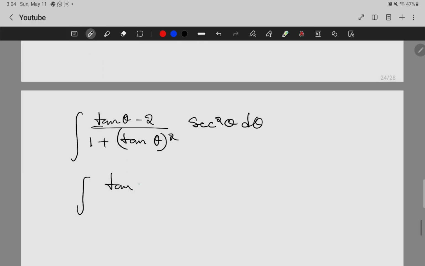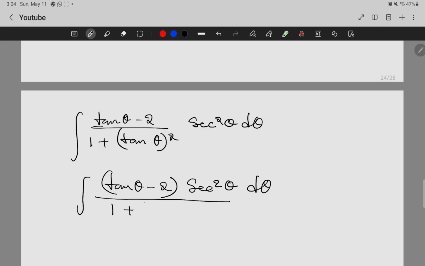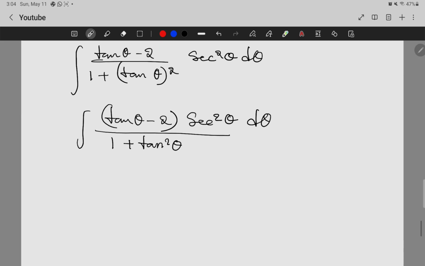The numerator will remain the same for now. The denominator, this becomes 1 plus tan squared theta. But we know that 1 plus tan squared theta is equals to sec squared theta.